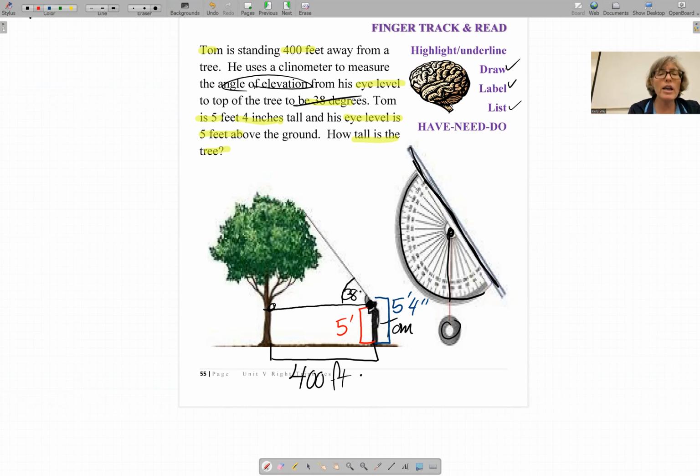We are trying to find the height of the tree, which would be all of this, question mark. But what you need to recognize is you're going to be working with this right triangle here, and that you first need to solve for that X. All right, so there's all the details that you should have gleaned from this. Let's go to the next page and show our work there.